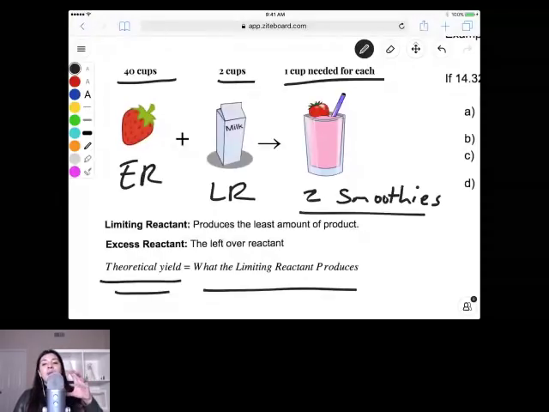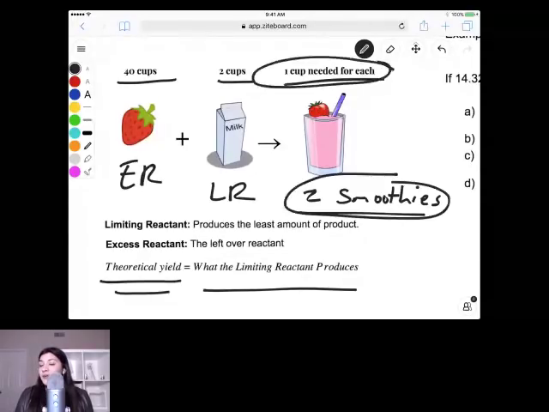So to figure out how much is left over for our excess, we would first start with how much we actually produced, right? If we produced 2 smoothies, how much did we use of that excess reactant to make that amount of smoothies? Since everything required 1 cup, for 2 smoothies, we required 2 cups for the strawberries as well as the milk.